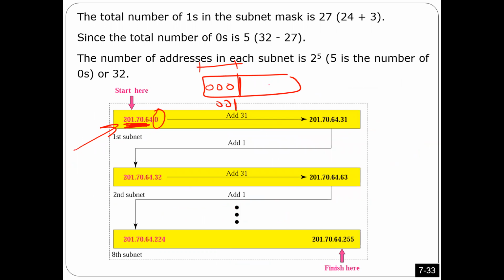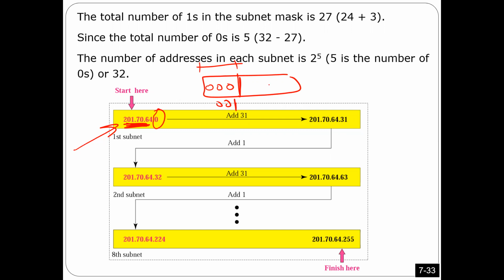Because, as I said before, if you want to calculate the network address, you have to put 0 in the subnetwork ID and also the host ID. You have to put 0 everywhere. This gives you the network address. For the subnetwork address, you have to keep the network ID, keep the subnetwork ID, and then put 0 in the host ID.